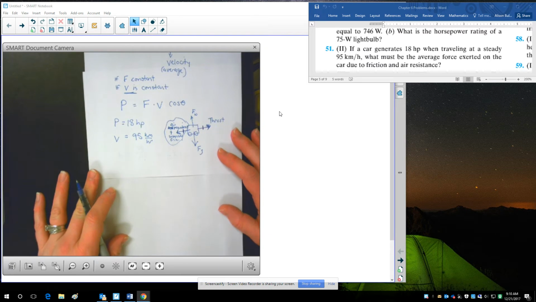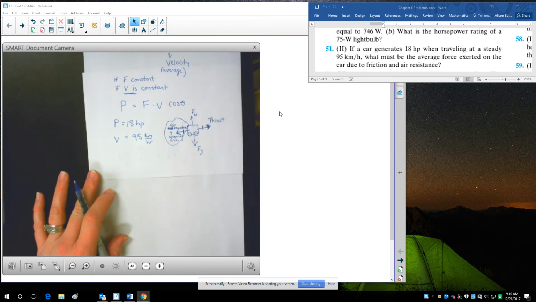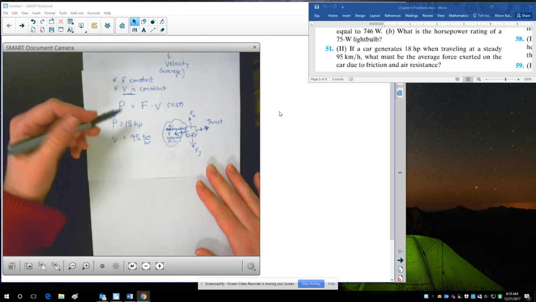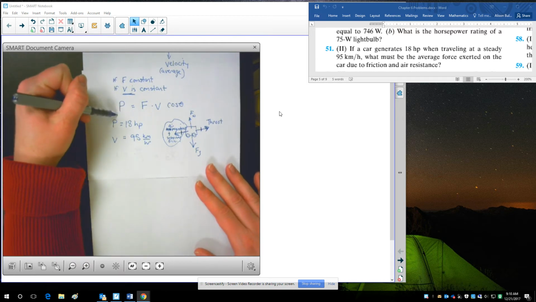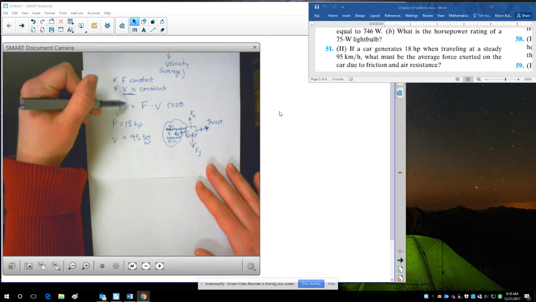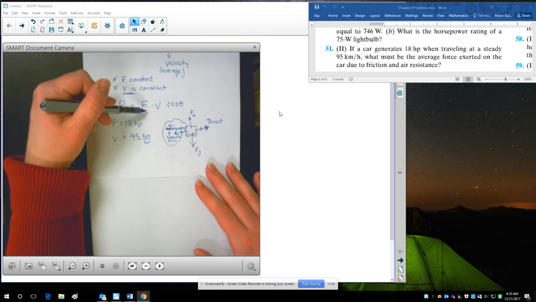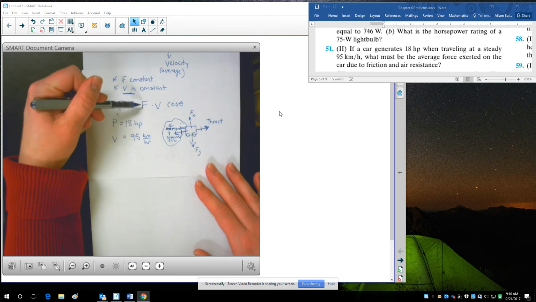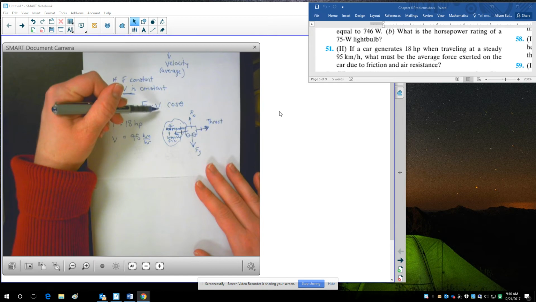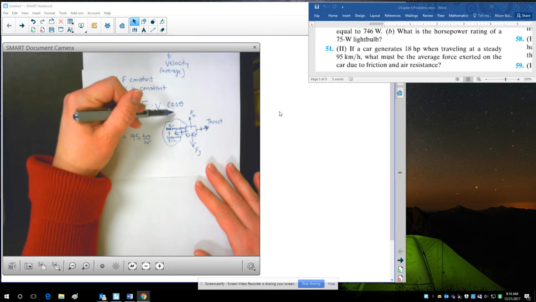So it's asking us what the average force exerted on the car due to friction and air resistance is, but I'm thinking about this in terms of the power expended by the engine. The engine generates 18 horsepower, which has to do with the net thrust force that the engine produces, times the velocity of the car, times the cosine of the angle between the two.